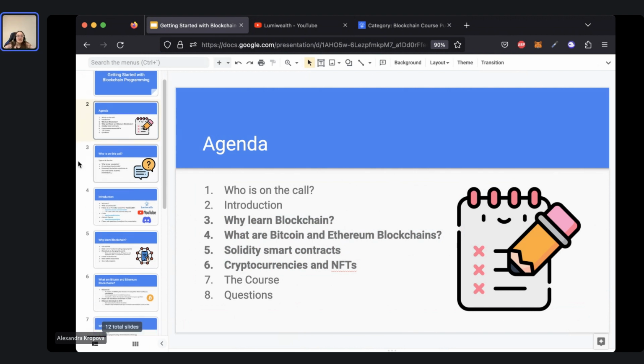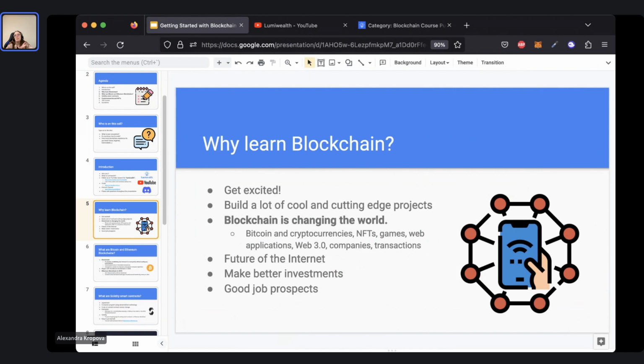So let's begin with our first topic, why learn about the blockchain in the first place? Why did we create this course? Well, there are tons of reasons to learn about this new decentralized technology. It's a relatively new field compared to other types of programming, like just your traditional software development.